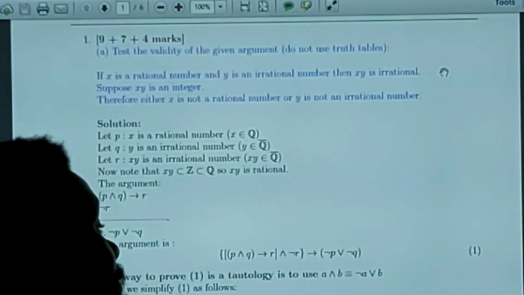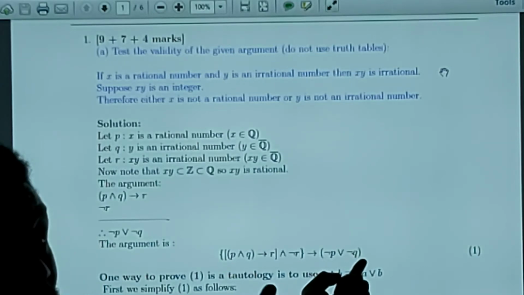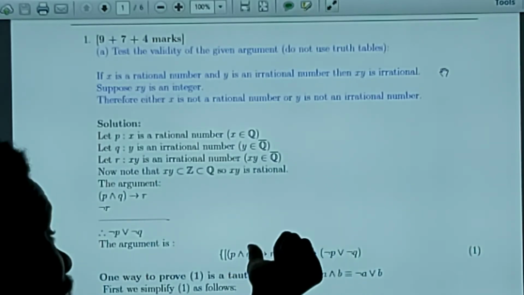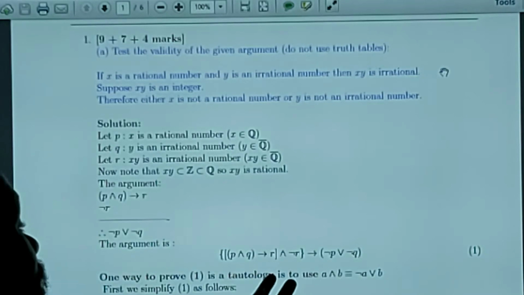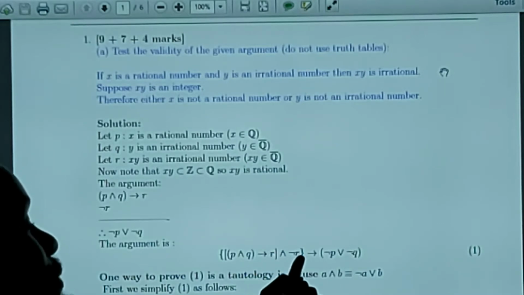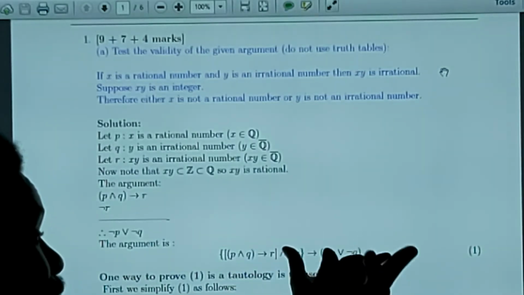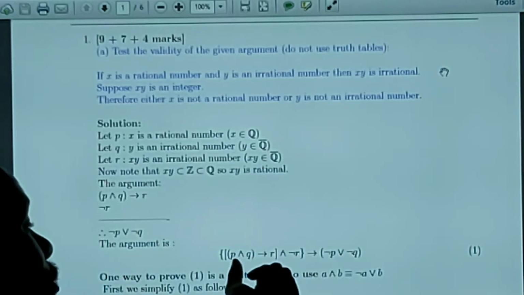So for this to be false, you have this or this, both must be false. That means negation of P and negation of Q are false. So P is true and Q is true. So you already found the values for P and Q. Now you need to check whether R is possible. True and true will always be true.